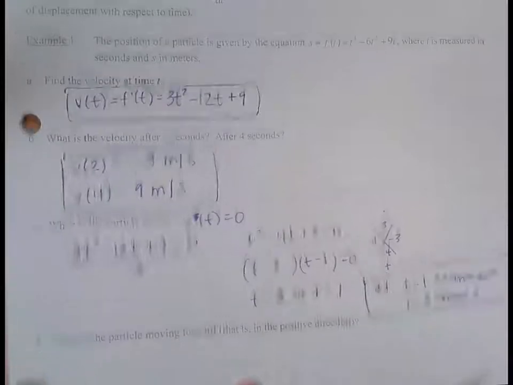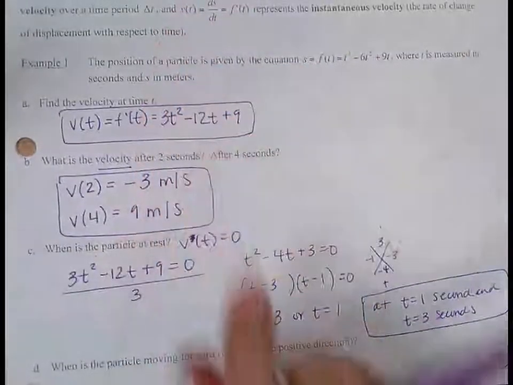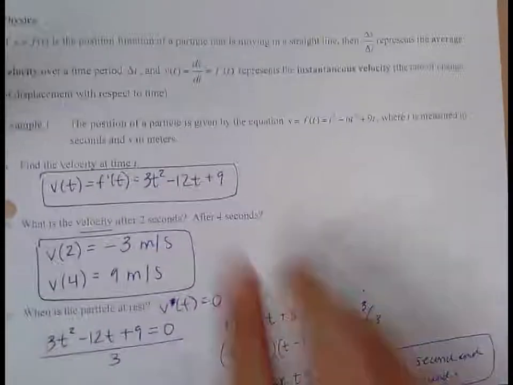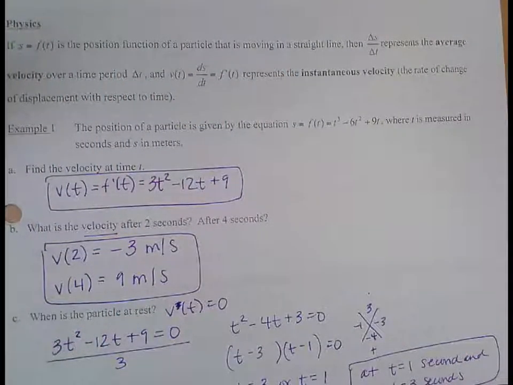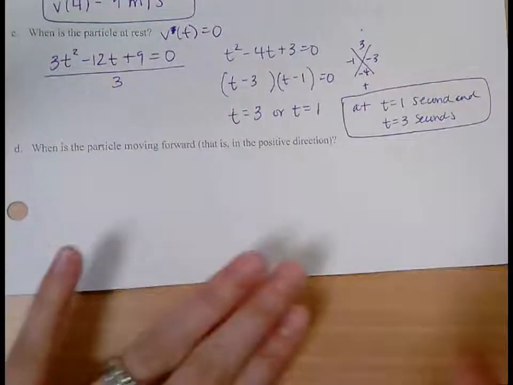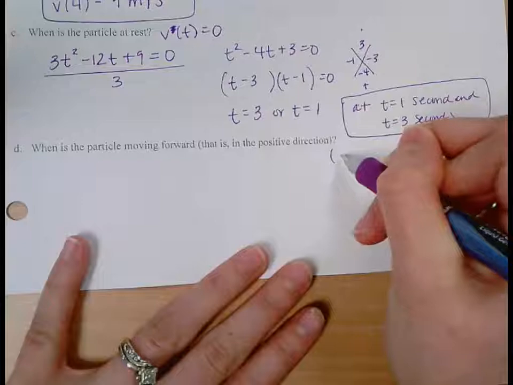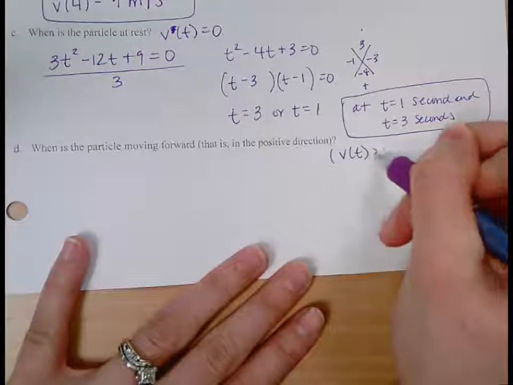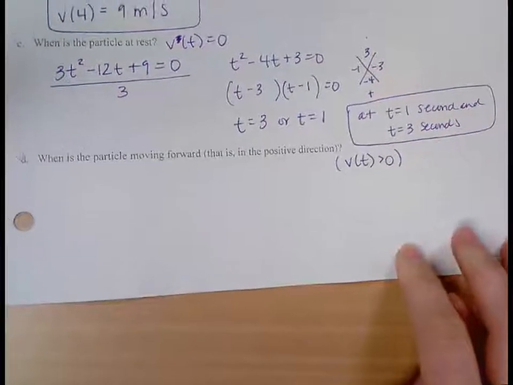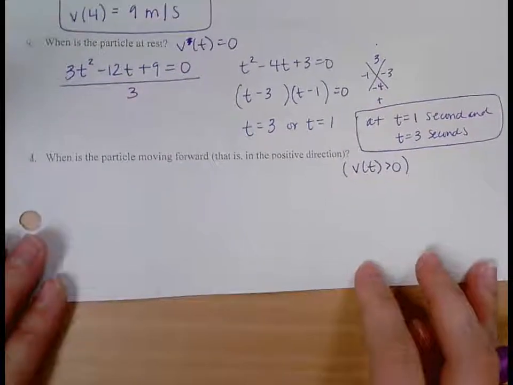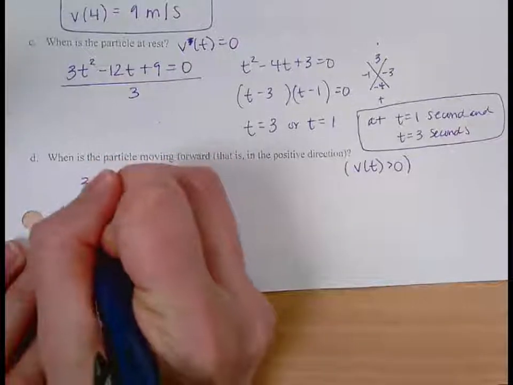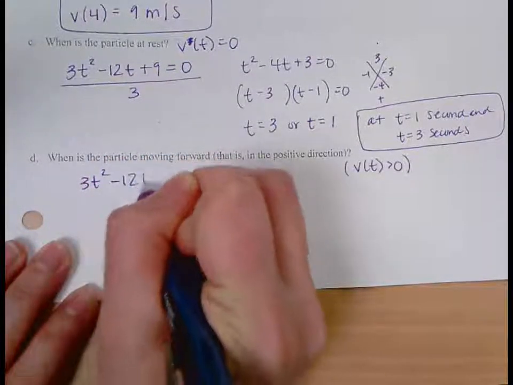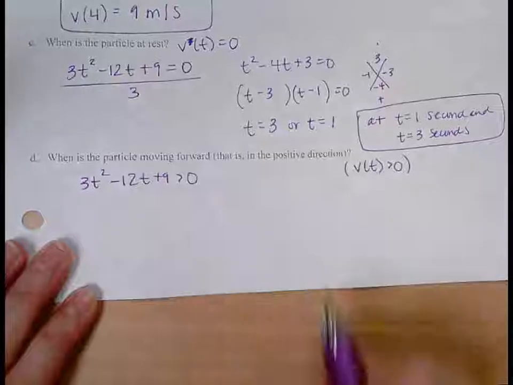Remember, I said above, but I didn't draw a lot of attention to it, that the position function is representing a particle moving in a straight line. So if it's moving forward, the velocity is going to be positive. So this means v of t is greater than 0. So you have your velocity function, 3t squared minus 12t plus 9, greater than 0.